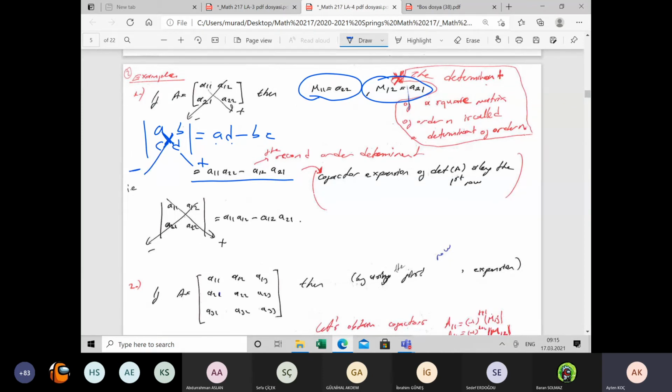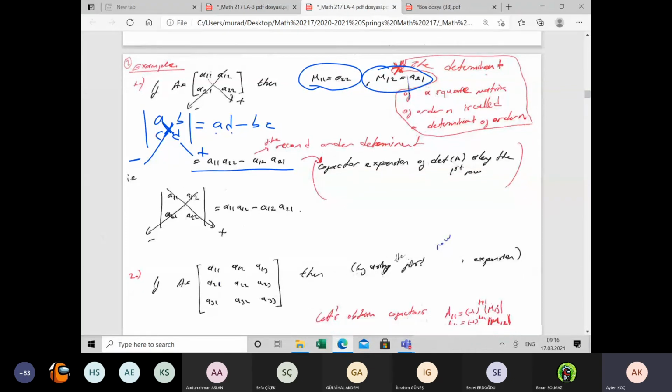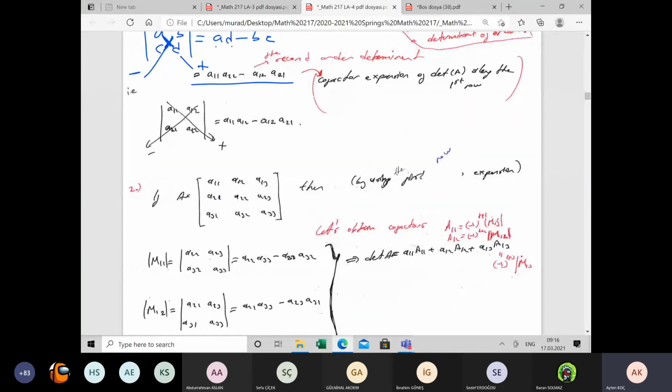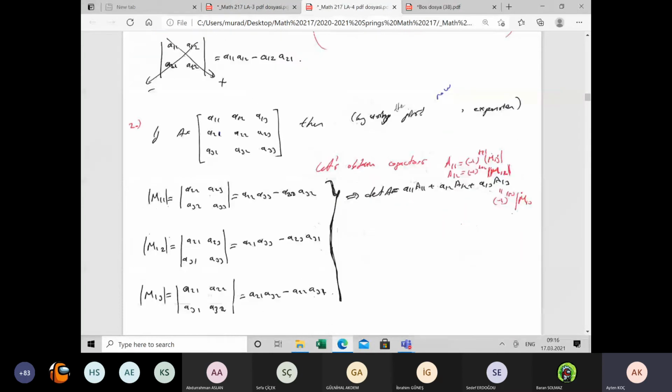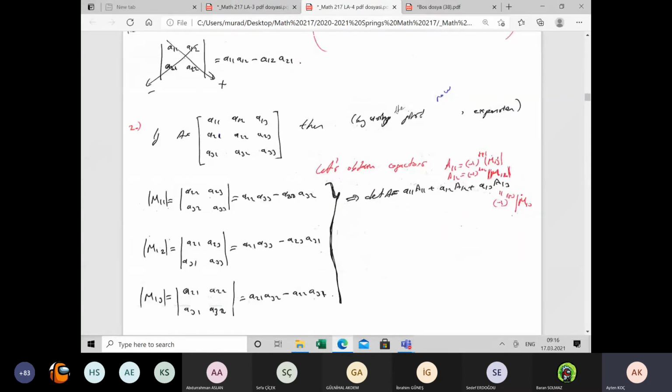So the next one, a 3 by 3 matrix, and compute the determinant of the 3 by 3 matrix. So how to get it, you have to find the minor and compute the determinant. It depends on you. Choose one row or column. First of all, for example, choose the first row. Our aim here is to find the determinant by using the first row expansion.